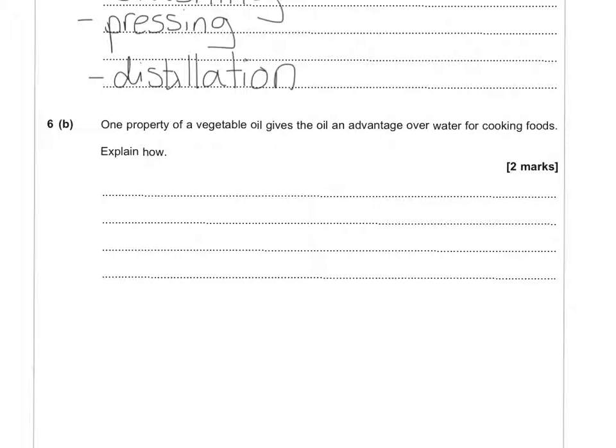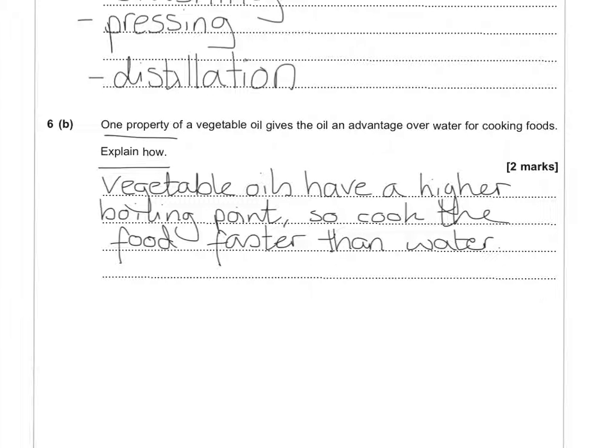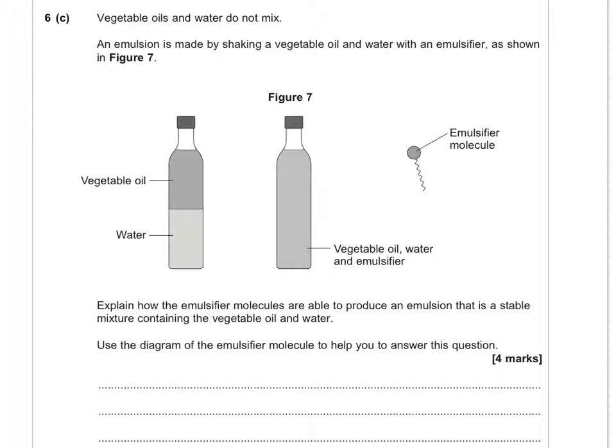So the one property is they've got a higher boiling point, and explain how: it cooks the food faster. And this is really what they were looking for. There is no mark for going off on a tangent speaking about texture or flavour. It just wants to know about the boiling points for this question.